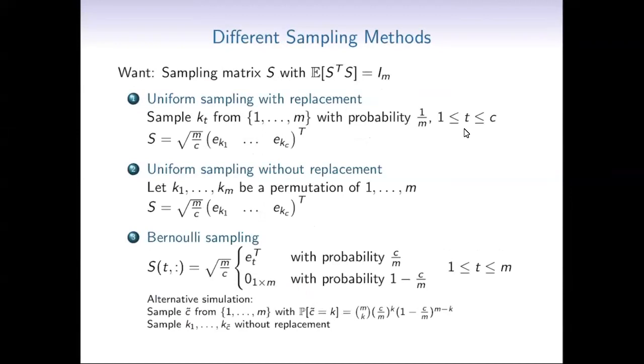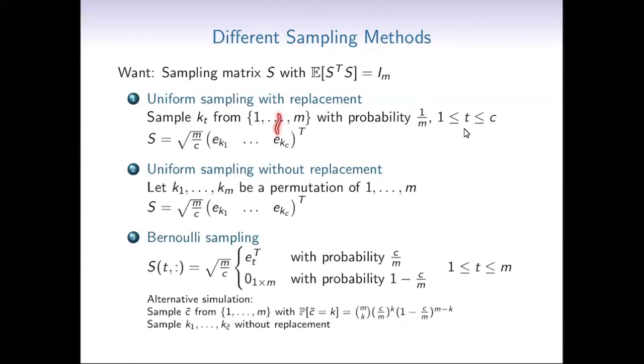So there are different ways of sampling. So we want a sampling matrix. Usually the sampling matrix has few rows because we really want only a few rows to make the computation much cheaper. So we can do uniform sampling with replacement.